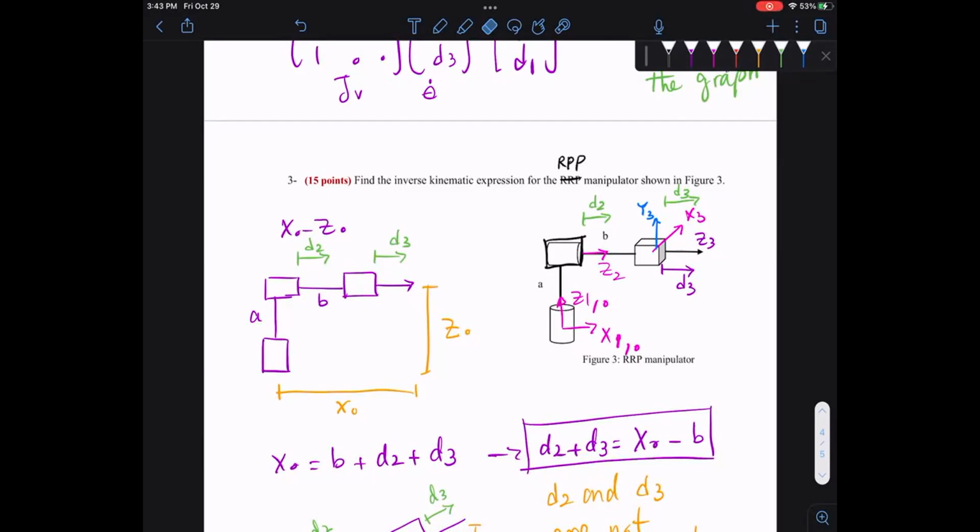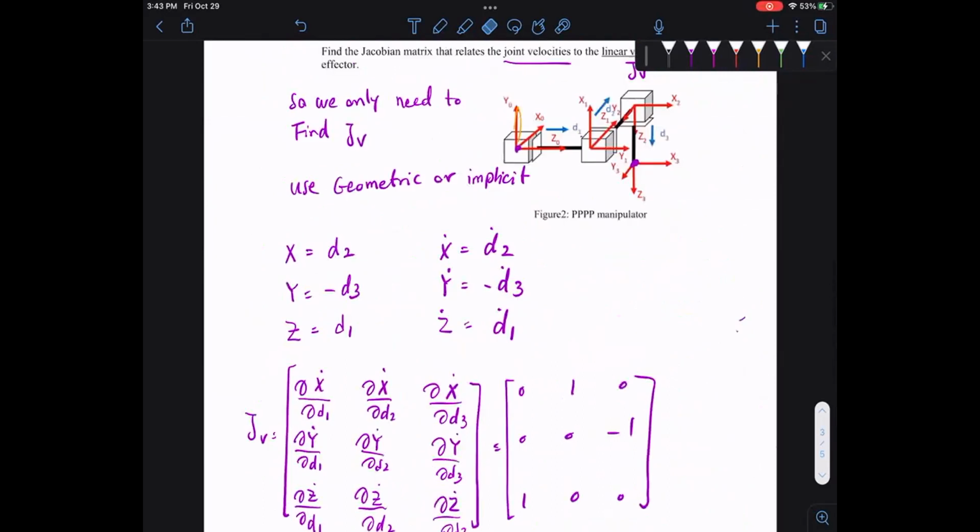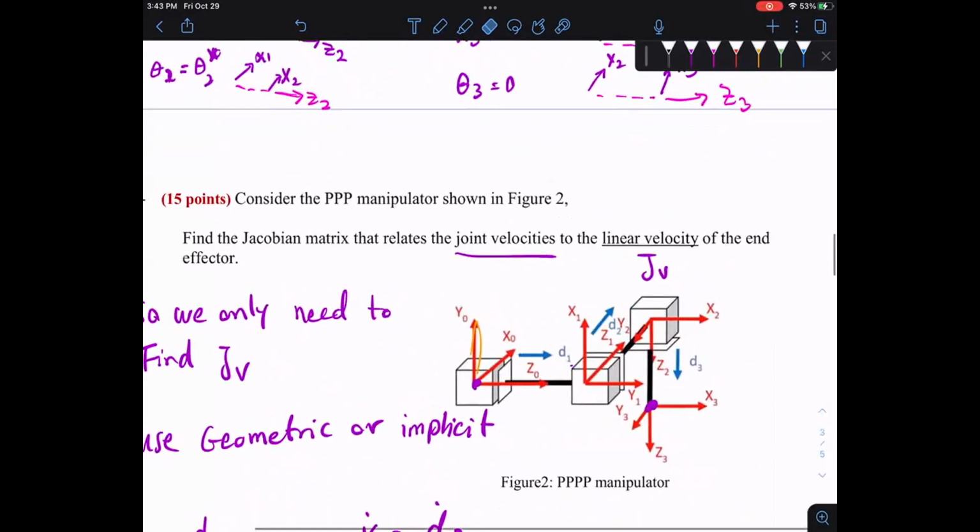Yes? Can you go back over number 2? You said to pay attention to the question asked. Like what could the question ask? So that question said, find the Jacobian matrix. If it was just find the Jacobian matrix for the end effector, that would have been 6 by whatever the number of joints is. But here I asked for the Jacobian matrix that relates joint velocities to only the linear velocity of the end effector.